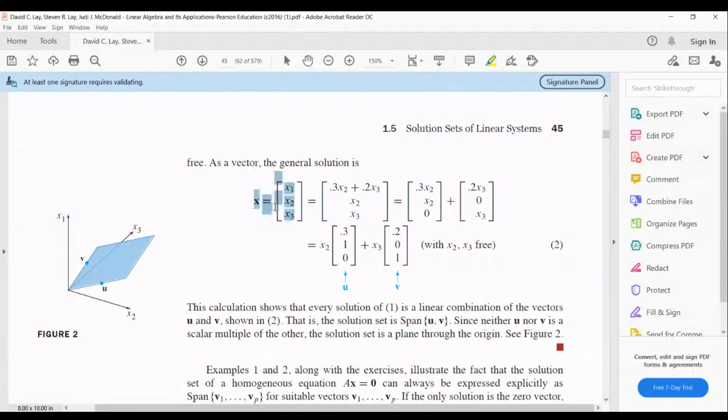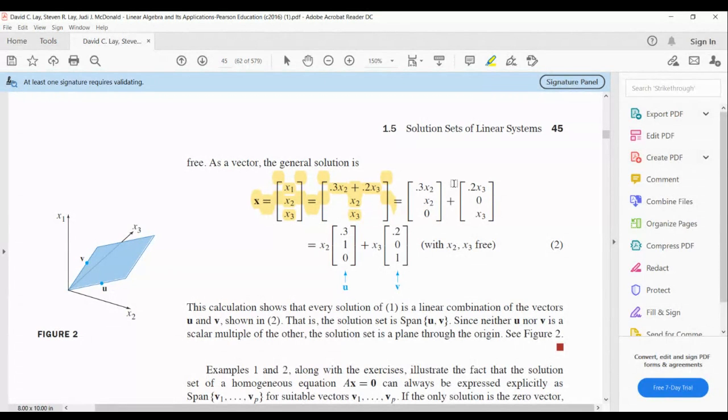And so you can write your solution vector as you see here, and then I can break that vector up into these two vectors.